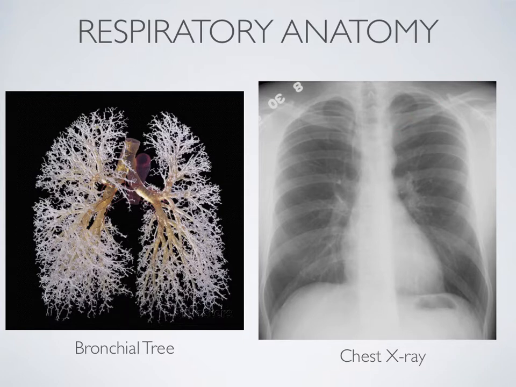So here is the collarbone. And all of these are the ribs. What's this? Heart, yes. What's this kind of dense white structure going down the back? The vertebrae.